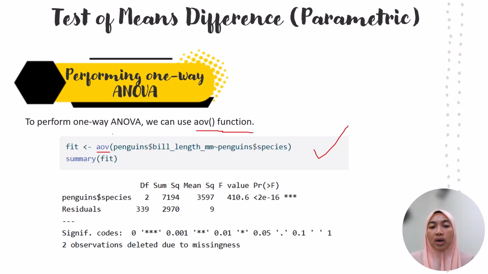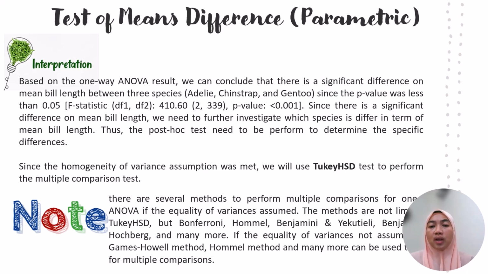This one is the analysis of variance, ANOVA. So here is the result. After conducting the analysis of variance using the aov function, we need to interpret each result that appears in your output.